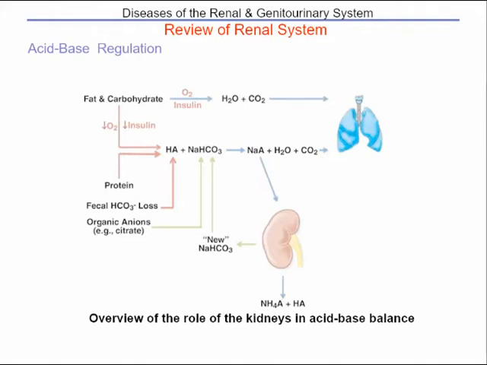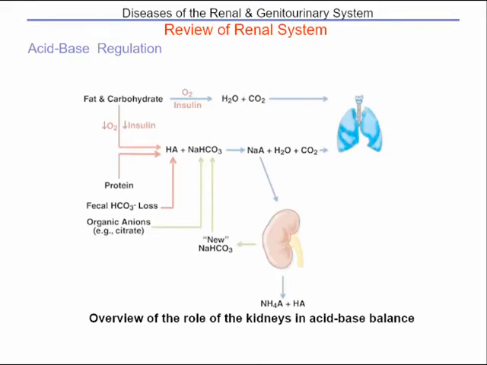So every day, as I mentioned earlier, the breakdown of your dietary consumption, like your fat and carbohydrates, will result in the generation of approximately 15,000 millimole of carbon dioxide. Although technically carbon dioxide is not an acid, it can combine with water to form carbonic acid.